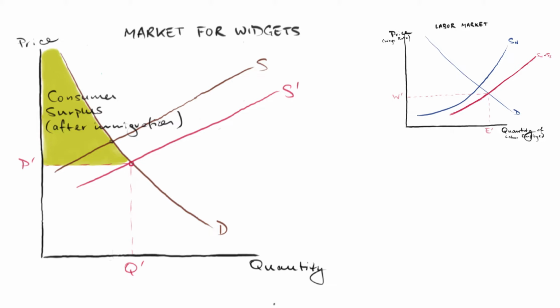Okay, so native workers are hurt by the immigrants. There are a couple of groups who benefit. Employers benefit, and consumers of what these workers produce, those consumers benefit. Okay, but I'm going to raise some questions about that analysis.